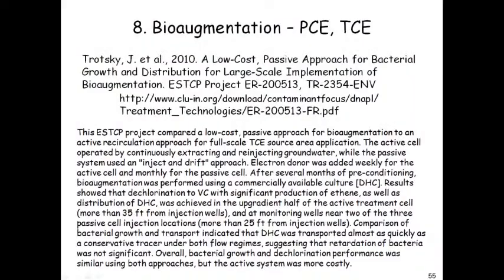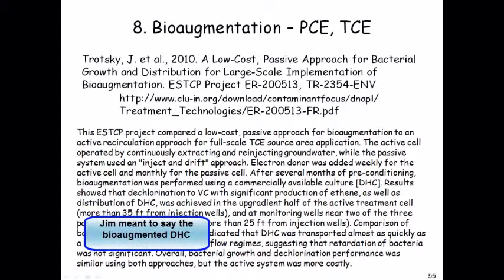Again, they looked at a comparison of this passive drift approach to an active recirculation approach. After preconditioning, they bioaugmented with the Dehalococcoides-containing culture, and they did see vinyl chloride then start to dechlorinate. They did get a distribution of DCE in both systems.